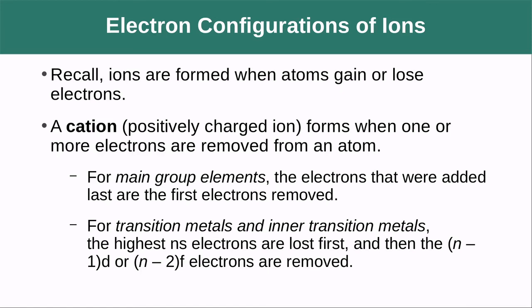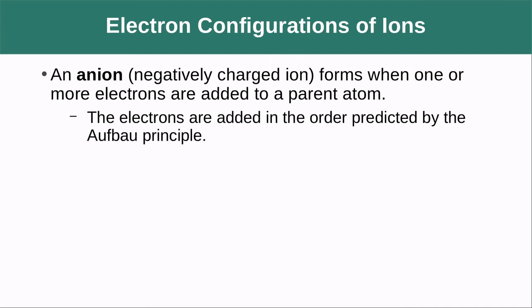For transition metals and inner transition metals, the highest ns electrons are lost first, then the n-1 d or the n-2 f electrons are removed. So first we're going to take off an s electron for the transition metals. An anion, a negatively charged ion, forms when one or more electrons are added to a parent atom. Electrons are added in the order predicted by the Aufbau principle.